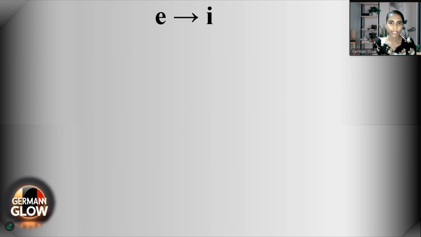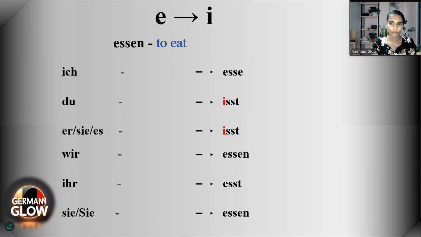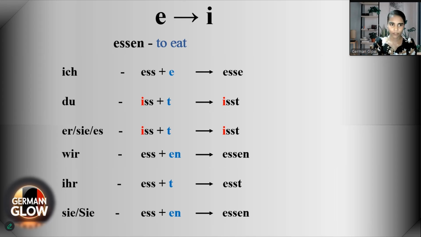Next one is e changes to i. Example, essen, to eat. Ich, the verb stem is ess, ess plus e, esse. Du, the verb stem changes, e changes to i: iss plus t, isst. Er, sie, es: iss plus t, isst. Wir ess plus en, essen.